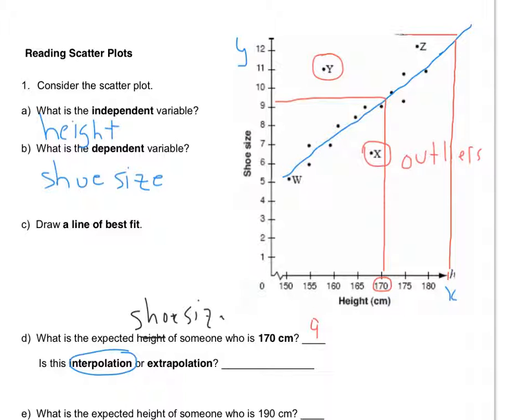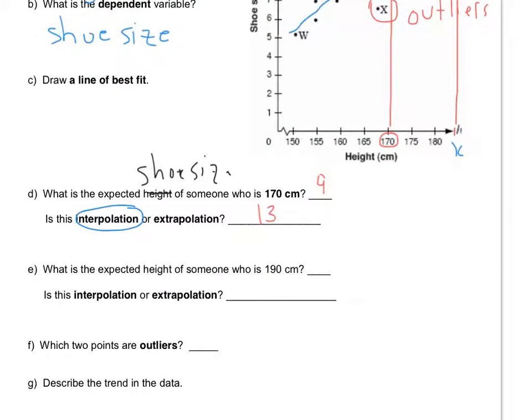And then I'll go over to my y-axis. And it looks like I'm about 12.5, maybe 13. I put that in the wrong spot. And again, I'm looking for shoe size, not height. I'm given the height, I'm looking for the shoe size.